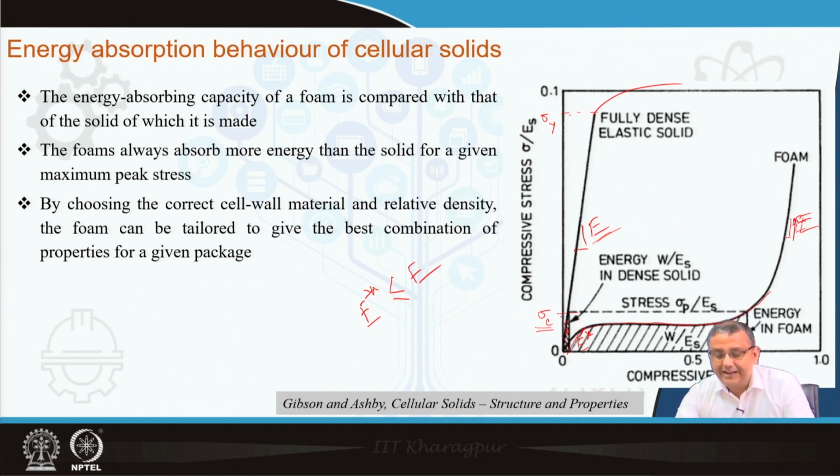However, in case of foams, we can see over here that the sigma c value is attained at this point. That means, as we compress, this is the horizontal line of the sigma c. That means, when we reach the value of sigma c, depending upon the foam density, we have a significant amount of foam deformation, and that will give rise to a very large amount of energy absorption, right.